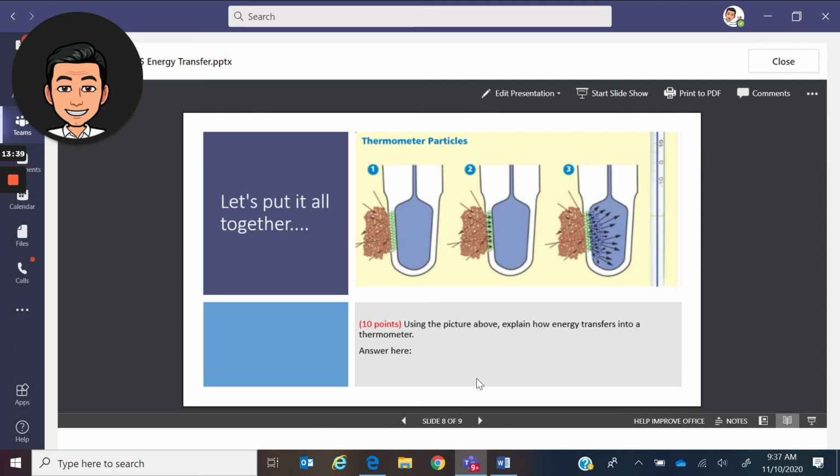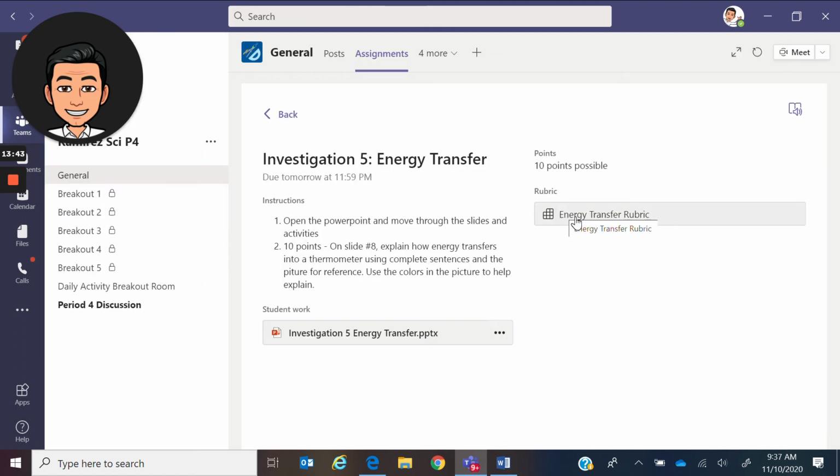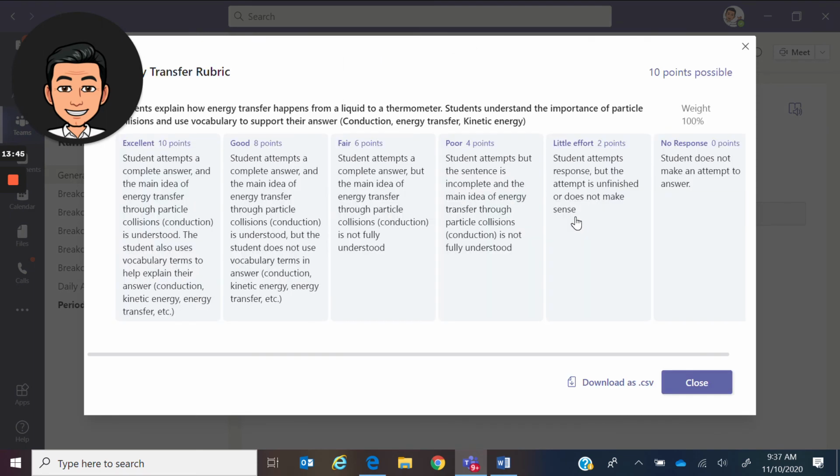But what's really important, and I've attached a rubric to your assignment, is that you use vocabulary terms, you use complete sentences, and you also get the point across of what I'm looking for. So we have a rubric here, and this is how I'm going to grade your responses. If you do not attempt or write anything on the PowerPoint slide, you will get 0 points. If you make an attempt, but it's an unfinished or incomplete answer, you'll get 2 points.